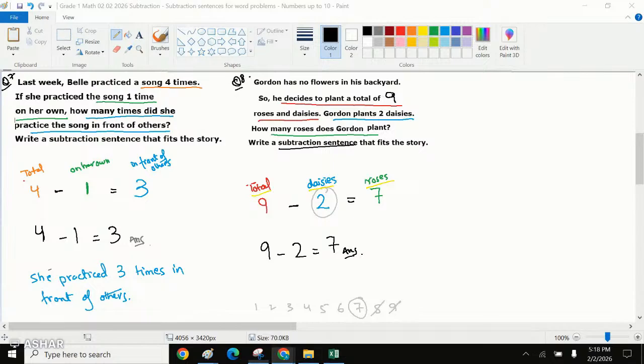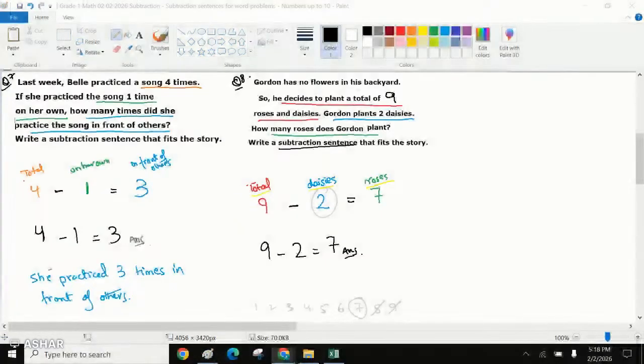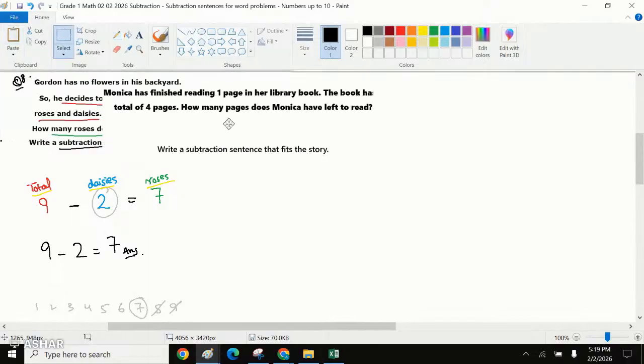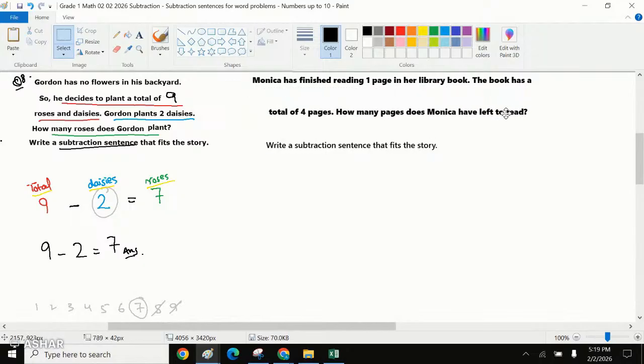Okay, let's try to change this previous question again with new values. Question number 9 says this. I would rephrase this.